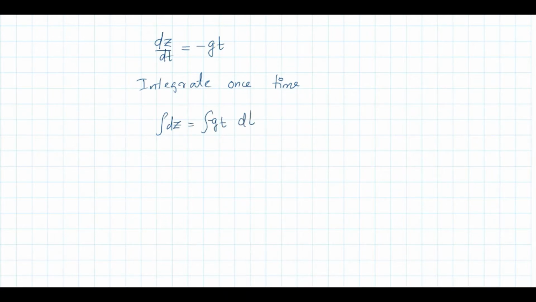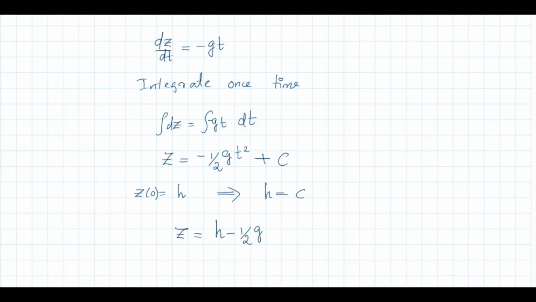The integral of dz will give you z, and minus g comes outside, so it is minus half g t square, because the integral of t dt is t square by 2, plus some integration constant again. We already know that z of 0 is equal to h. So put t equal to 0 and z equal to h. That will give you the value of c as h. So substituting there, you will get z is equal to h minus half g t square.